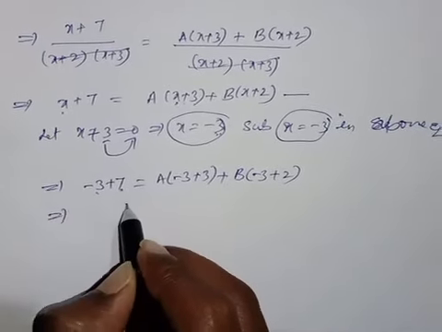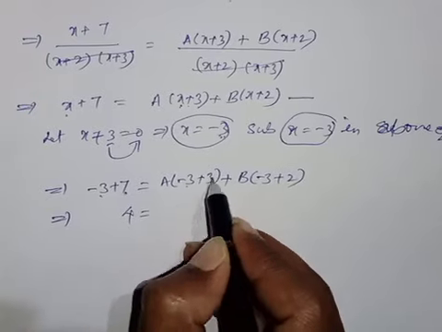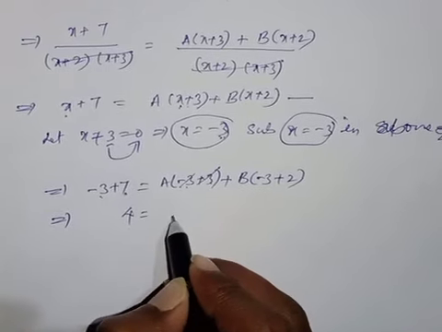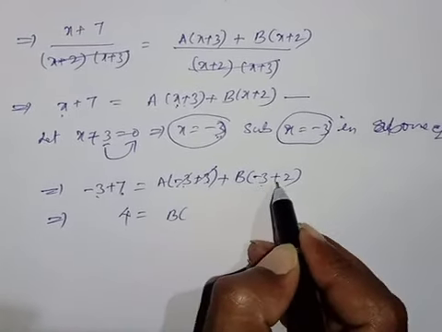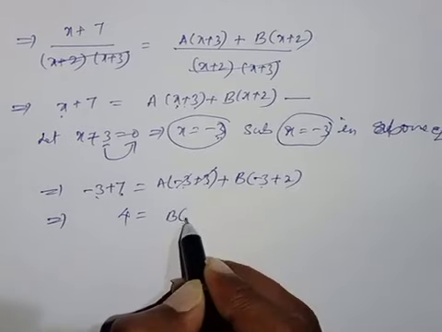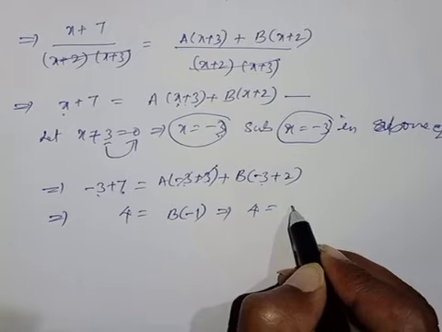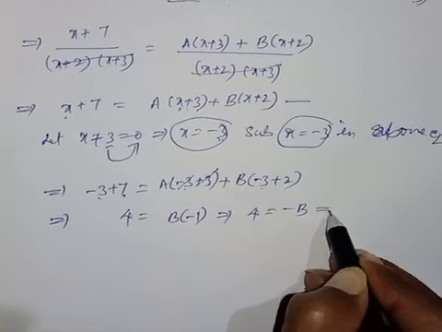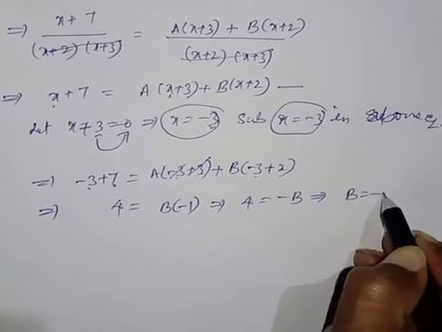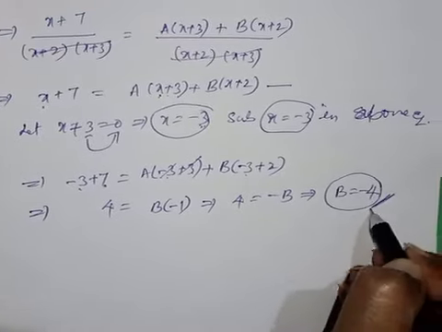That is 4 is equal to, minus 3 plus 3 cancel, this is 0. So B into minus 3 plus 2 is minus 1. That is 4 is equal to minus B, which means B is equal to minus 4. This is the B value.